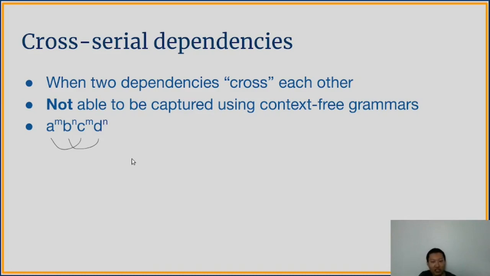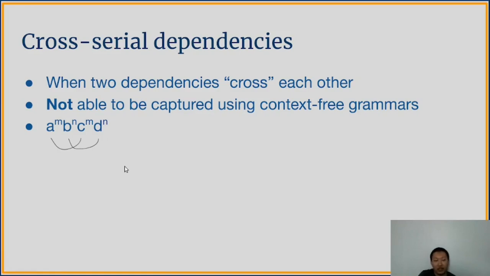So there's some sort of dependency between the number of b's and the number of d's, and I drew that line here. And basically when these lines cross, it's called a cross-serial dependency. And if you can have an arbitrarily high number of these crossing dependencies, then that's something that cannot be captured using a context-free grammar.